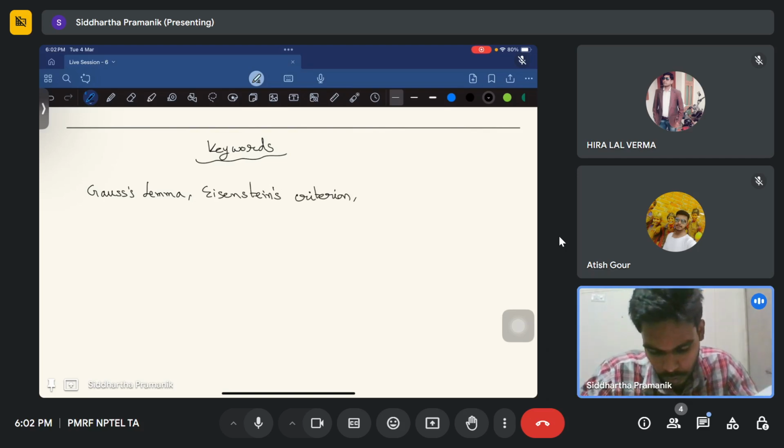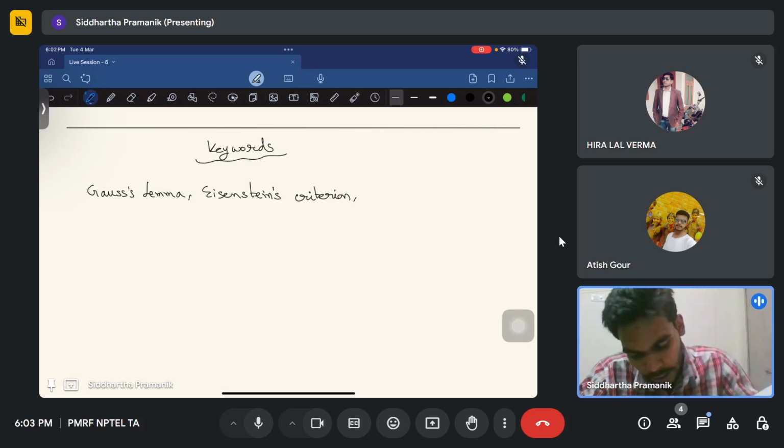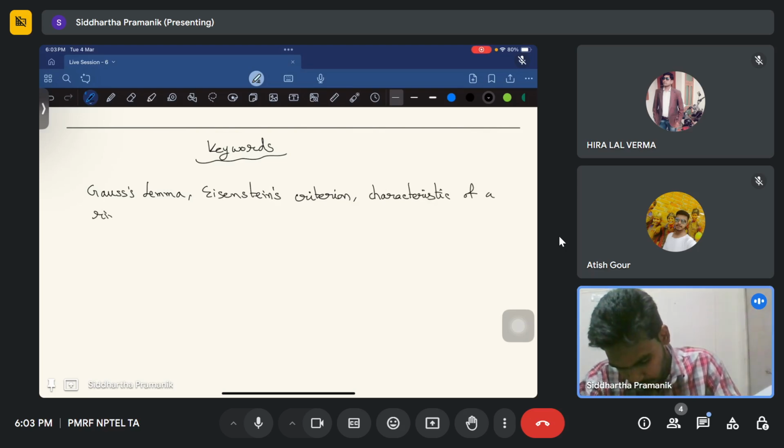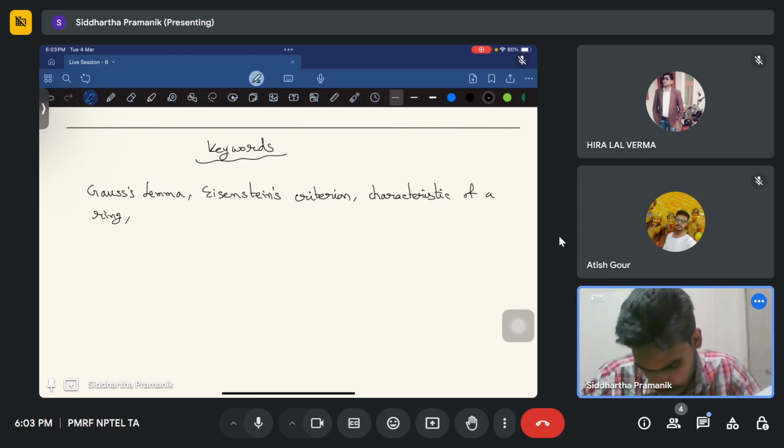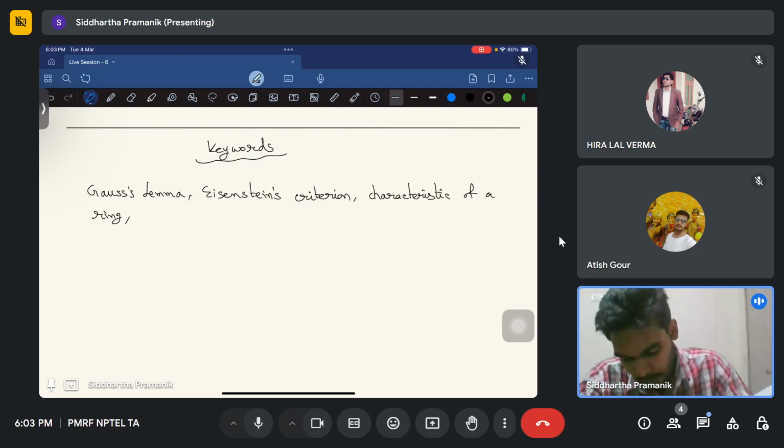Okay, so then after that we have defined the characteristic of a ring, and we have also looked at a couple of examples, and then we have defined the multiplicative subsets.